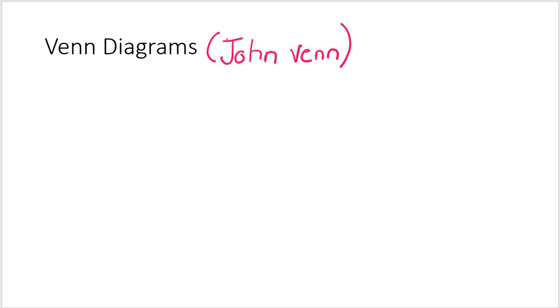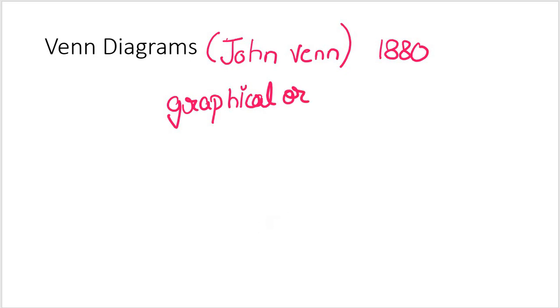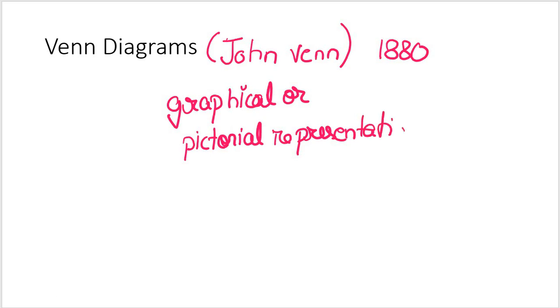He invented the Venn diagram somewhere around 1880, where what we are trying to do is go for the graphical, or you can say pictorial, representation of relationships.